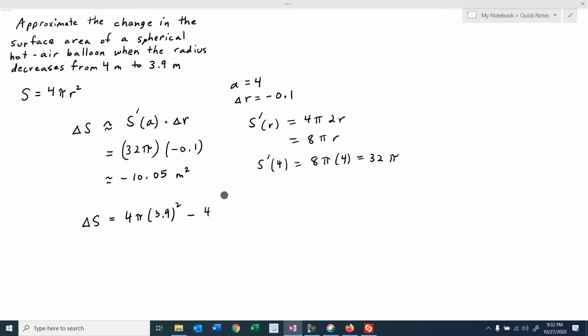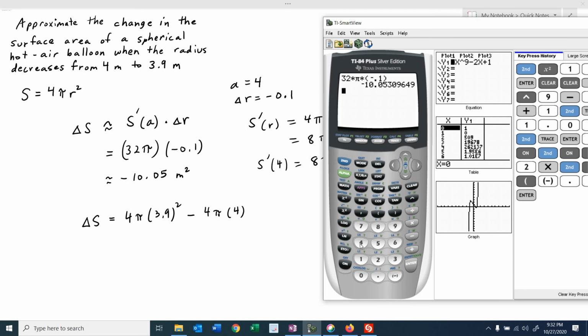So I'm going to plug a 4 into here. Okay, so let's figure out what that is and compare the two. So we get 4 times pi times 3.9 squared minus 16 pi.